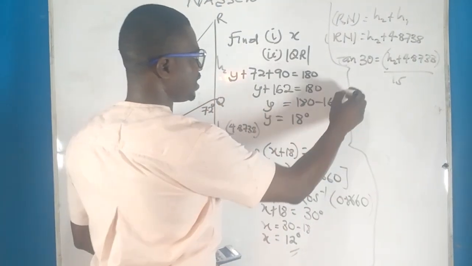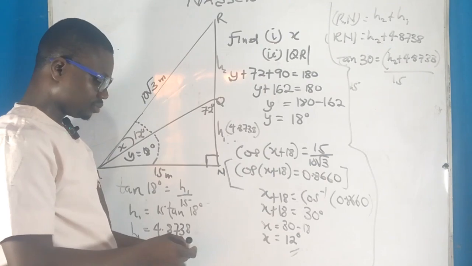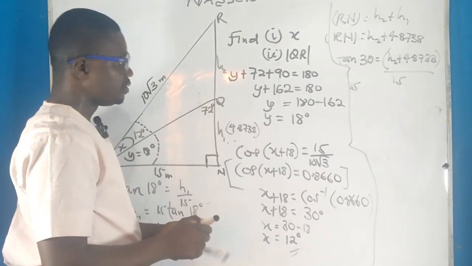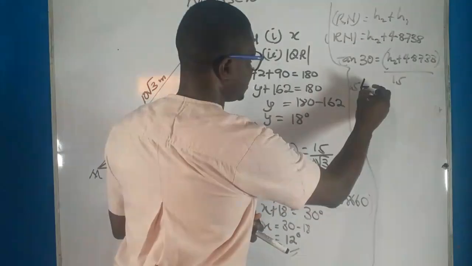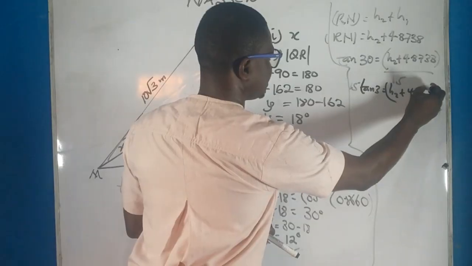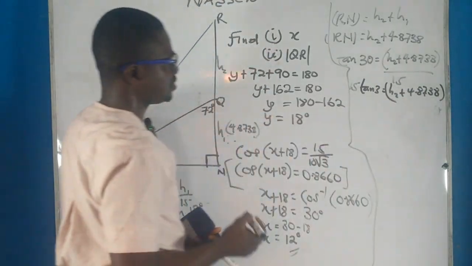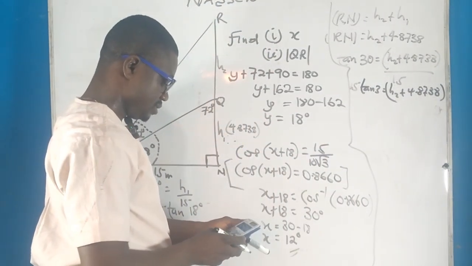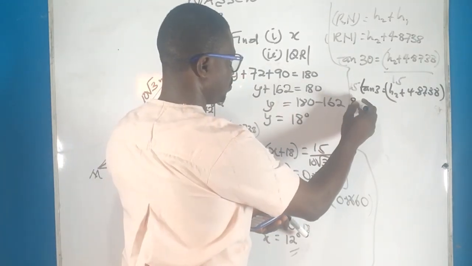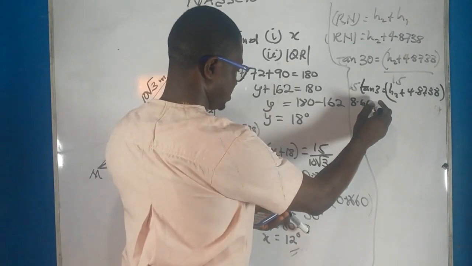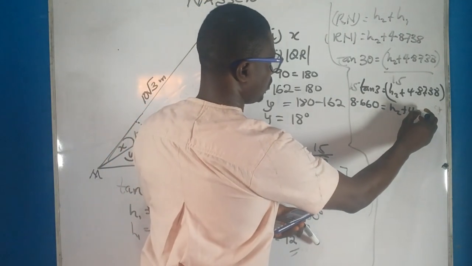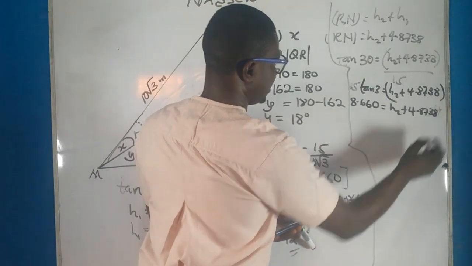So let's multiply 15 times tan 30. 15 times tan 30 is equal to h2 plus 4.8738. So 15 tan 30 is giving you 8.660 is equal to h2 plus 4.8738.